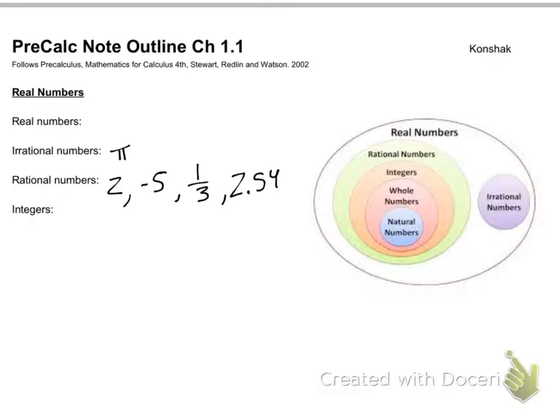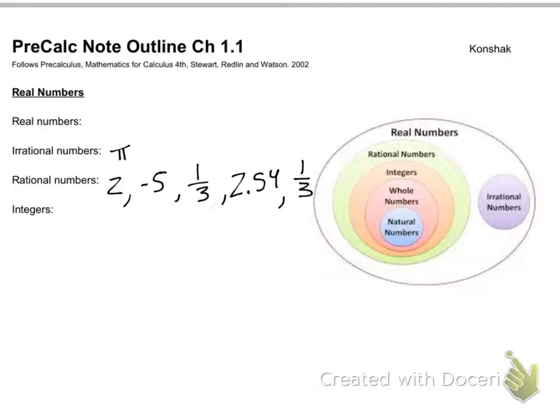So, what about 1/3? 1/3, I put it in the rational spot. Why would I put it in the rational spot? Why is 1/3 rational? Well, first of all, it can be written as a fraction, you know? But take a calculator out. What is 1 divided by 3?